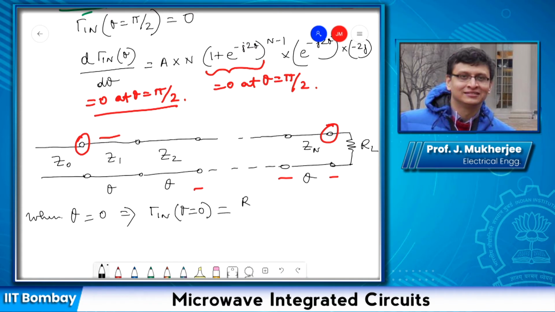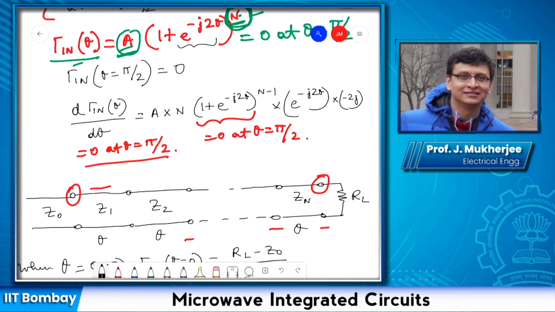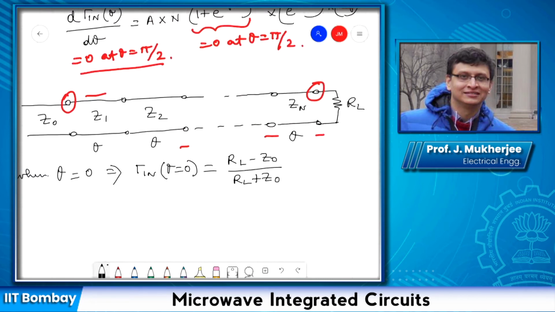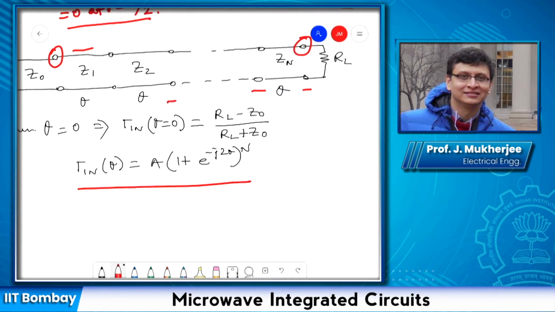Will simply be equal to RL minus Z0 upon RL plus Z0, right? But from this equation, what is the value of gamma in at theta equal to 0? So let me write this equation once again. Gamma in theta is equal to A times (1 plus e raised to j 2 theta) whole raised to n. So from this equation, what is the value of gamma in at theta equal to 0?